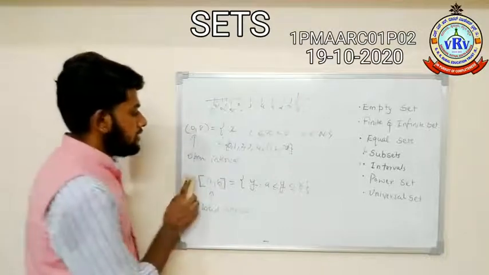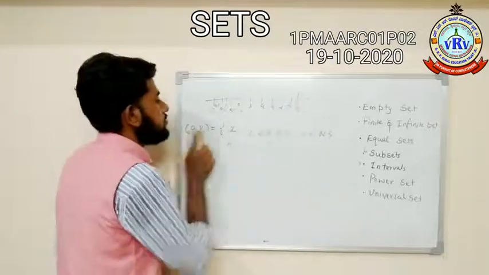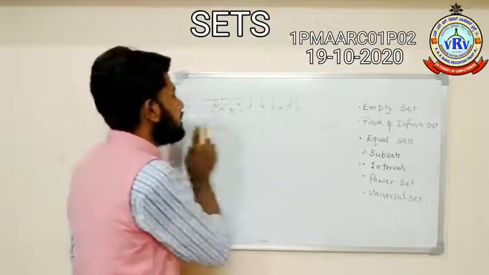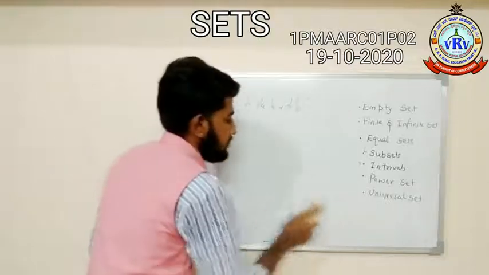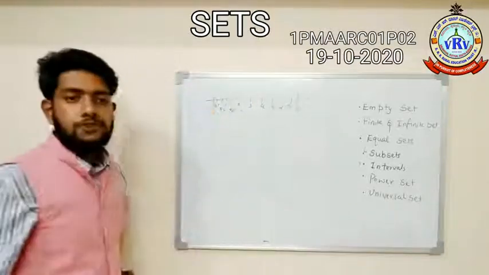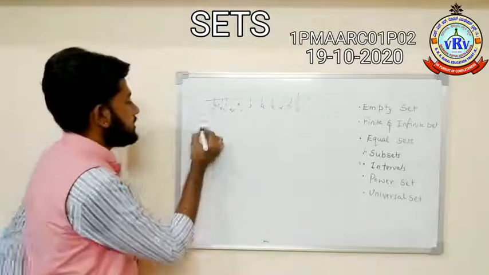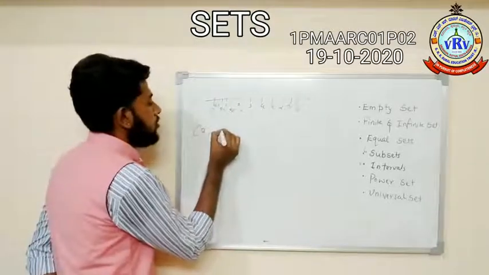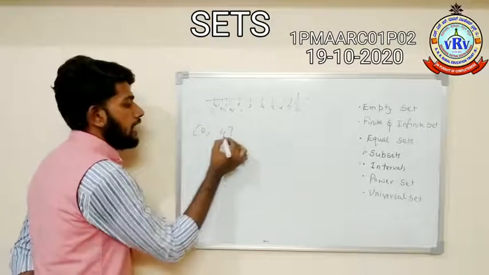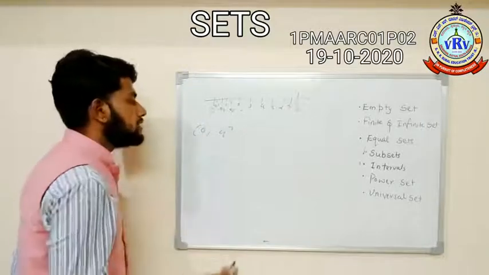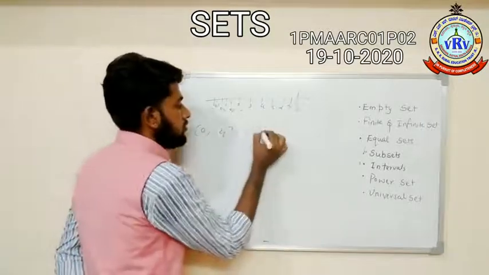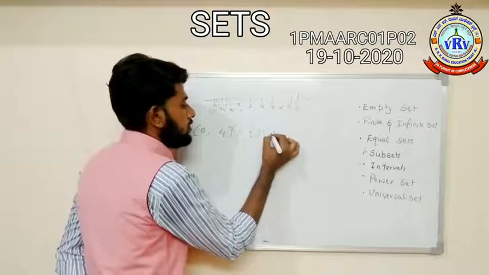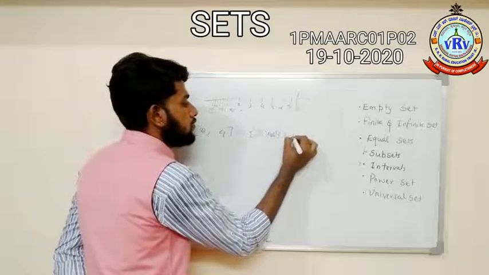Okay? In some cases we require only one end point. Let me take 0 and 4. I want 4 to be inside the set: the set of all y such that 0 is less than y, less than or equal to 4.